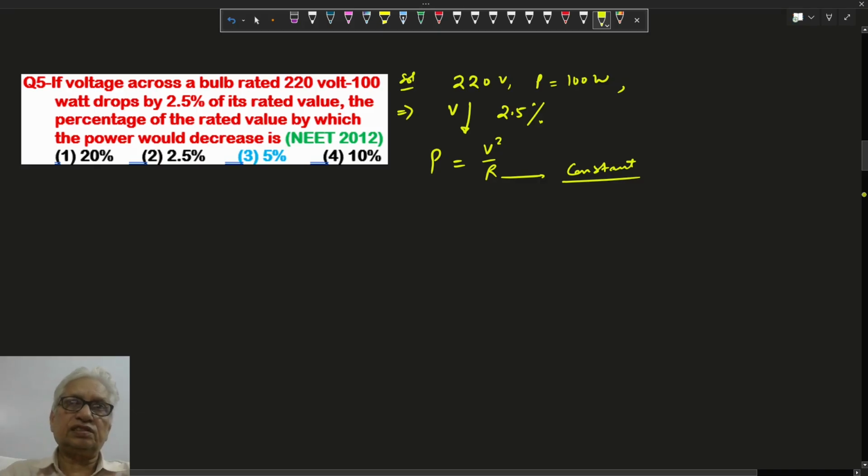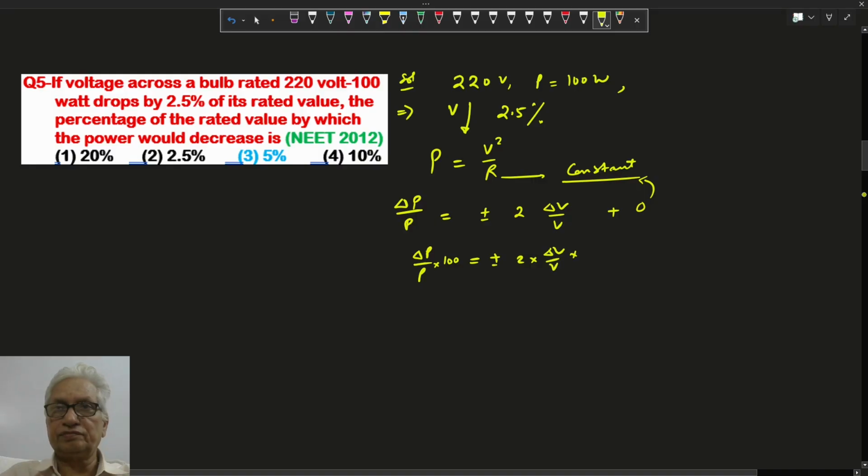Taking the log and differentiating, it becomes 2 times delta V upon V, since there is no change in resistance, so the differentiation of resistance is 0. In percentage, it is 2 times delta V upon V times 100.